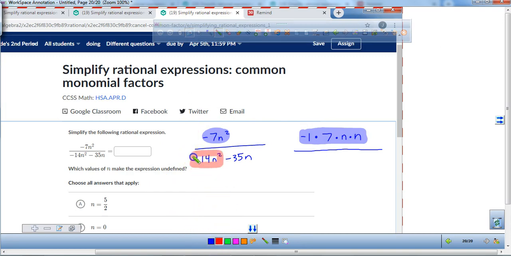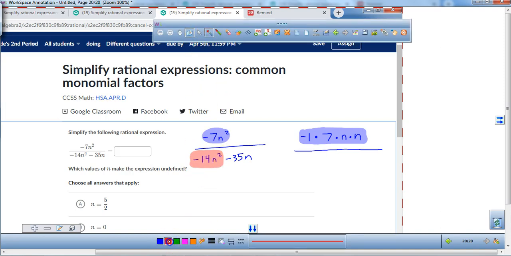Negative 14n squared breaks down to a negative 1 times a 2 times a 7 times an n times an n.